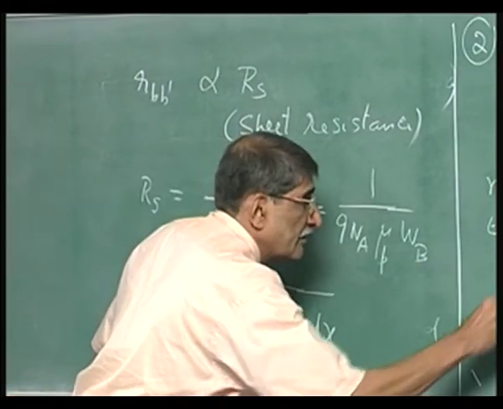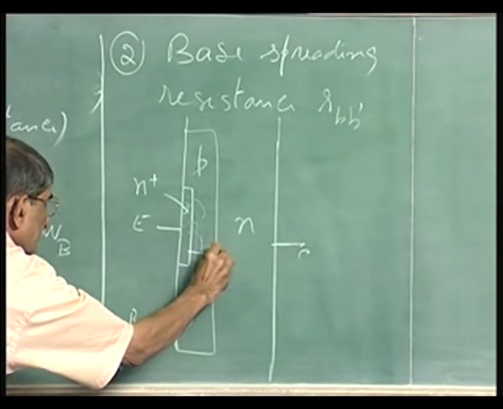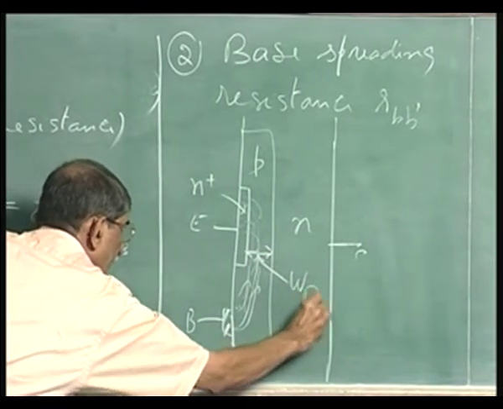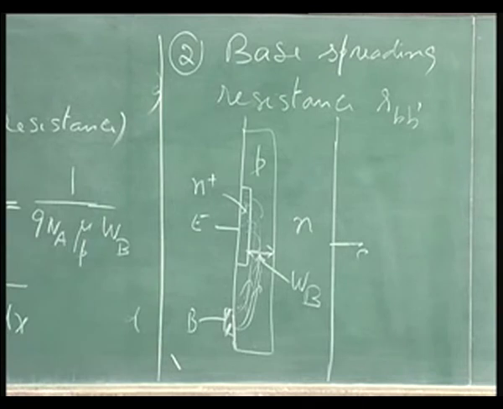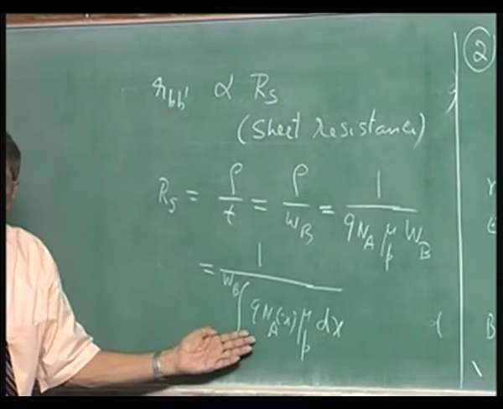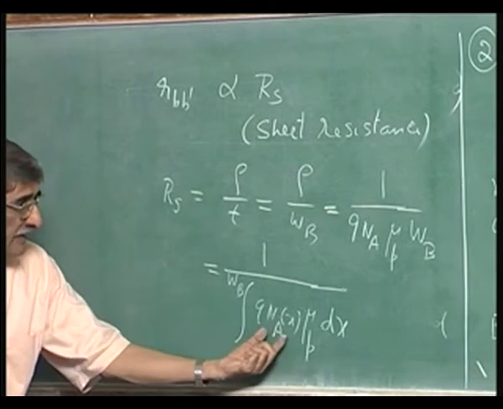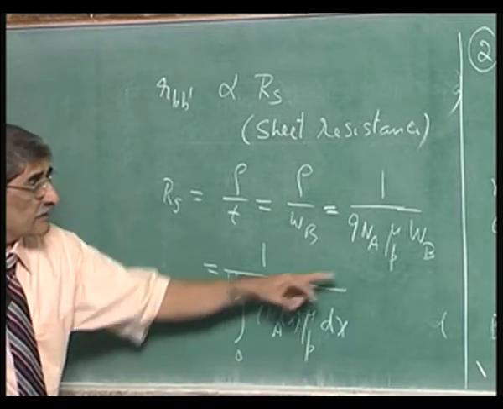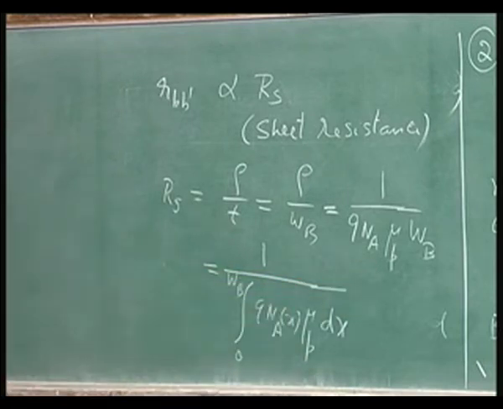This is WB. That is the base width which I have put there, and over the entire base width, if you take NA of x into d of x product, integrate it, that is actually equal to NA into WB. So, what you are telling is your sheet resistance depends upon the total integrated doping.